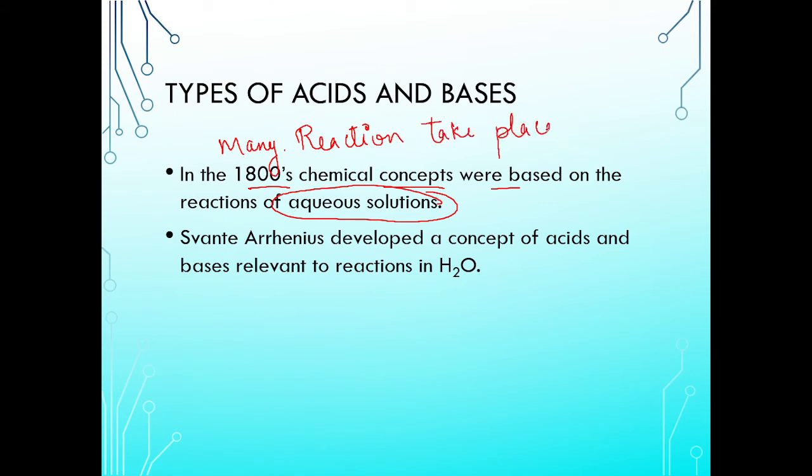Okay, so Svante Arrhenius developed a concept regarding it. He said all the substances which on dissolution in water release H plus ion are acids, and all those substances which on dissolution in water release OH minus ions are bases, right?